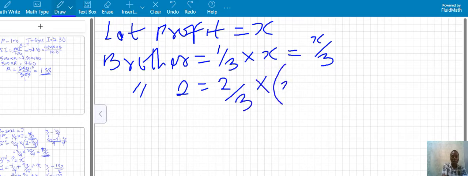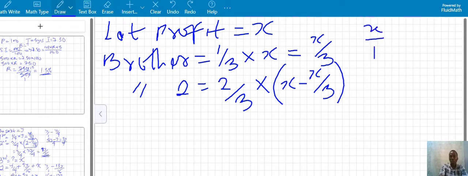So that will give us X minus X over 3, that is the value that brother 1 took. So if we simplify X over 1 minus X over 3, 3 will be the common term. That will give us 3, 3 divided by 1 will give us 3.